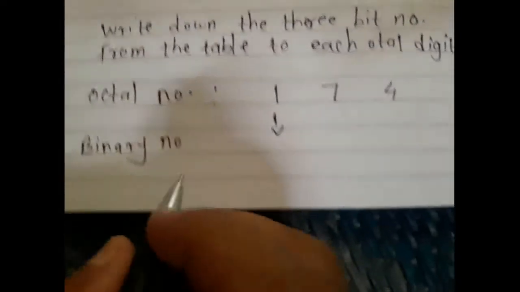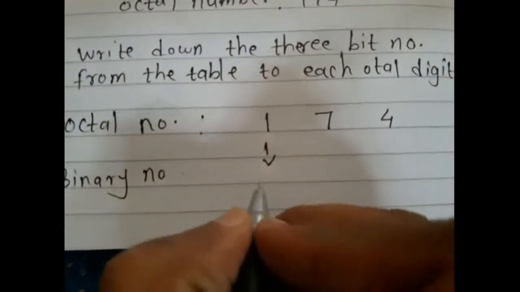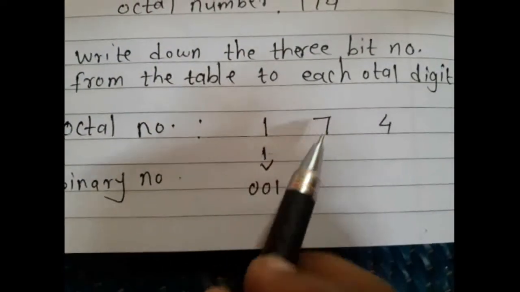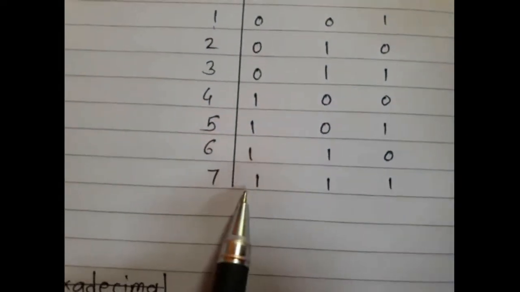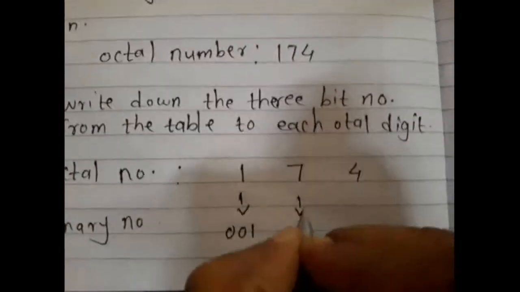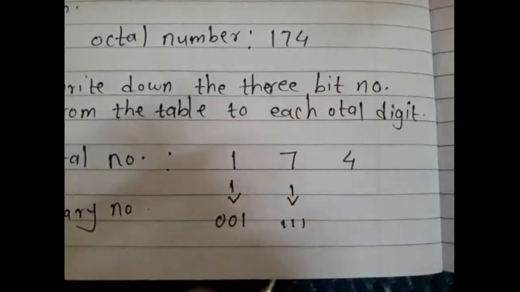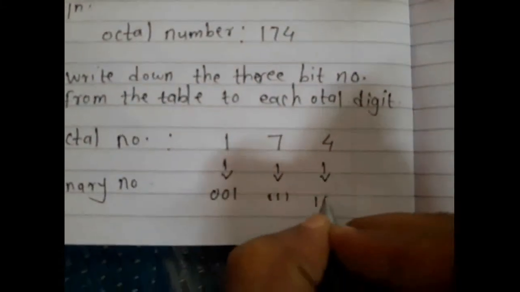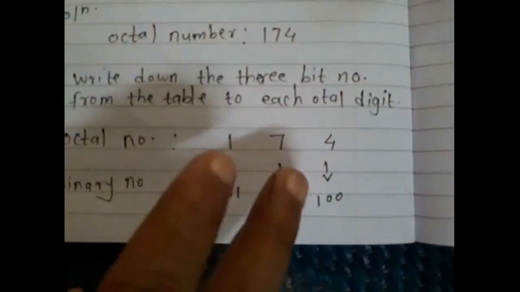Now see 7 in the chart: 1 1 1. Put the value here. Now 4: see the chart, 4 is 1 0 0. With the help of the chart we have to write this.